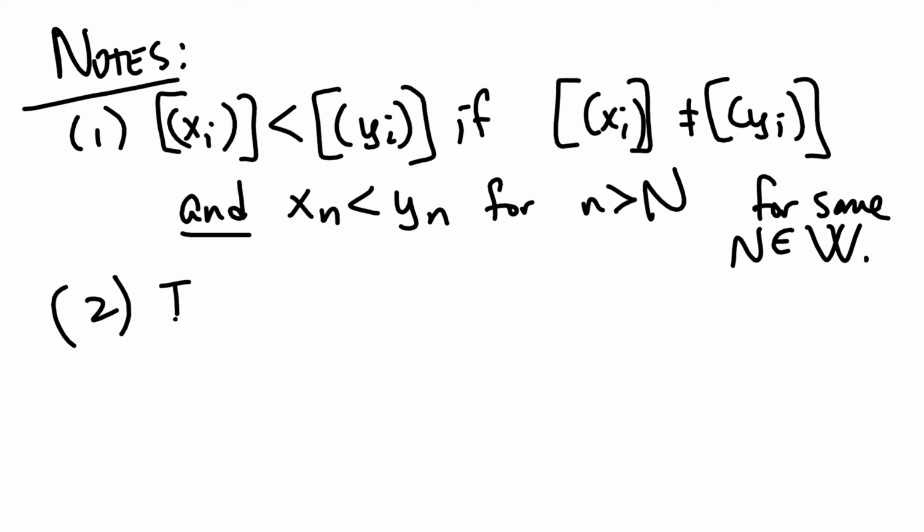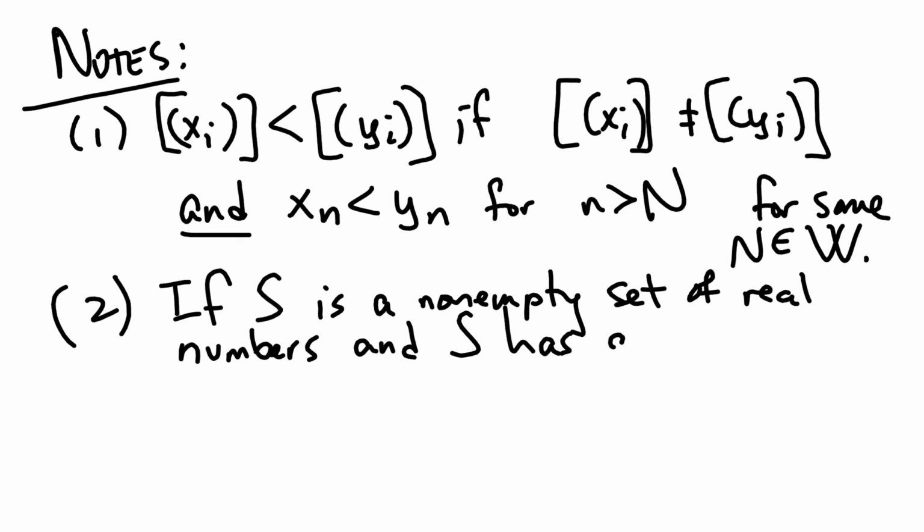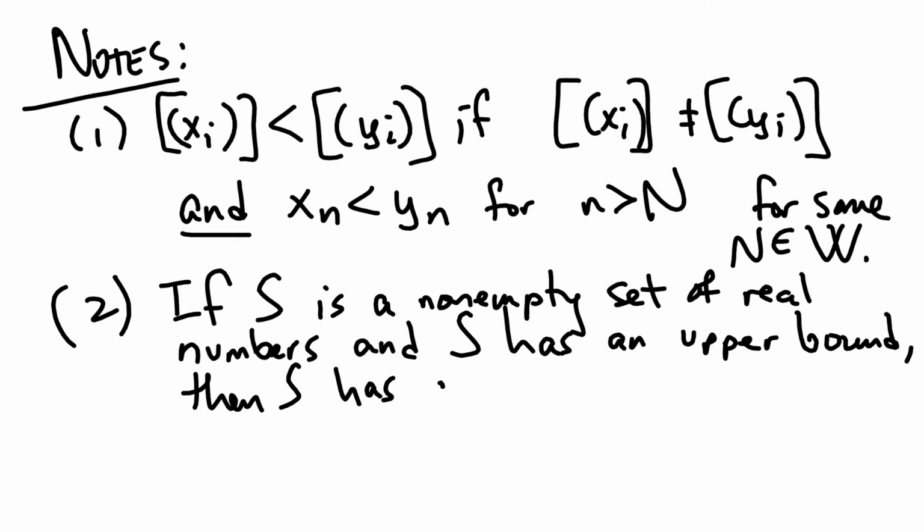Two, and this matters: if S is a non-empty set of real numbers and S has an upper bound, then S has a least upper bound.